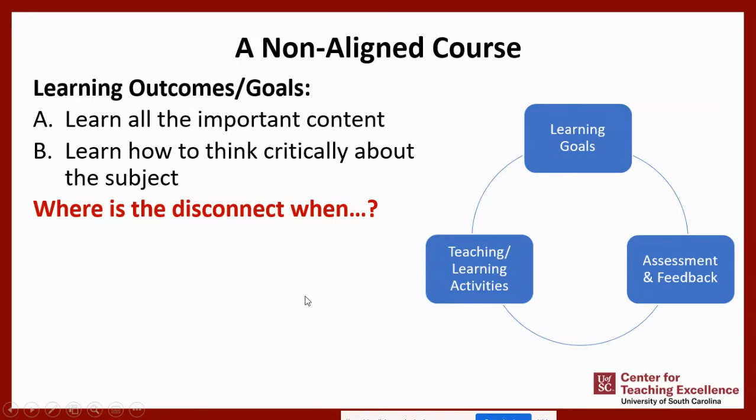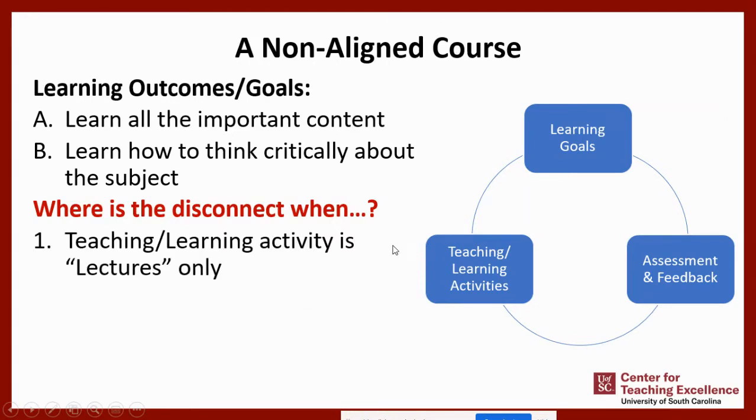So for example, you say for this course that has these two learning outcomes, what you're doing in class is just lectures. So where is that disconnect? Which of these connections between these three parts of a good course design is disconnected when the teaching and learning is only lectures? Is it between learning goals and teaching activities?